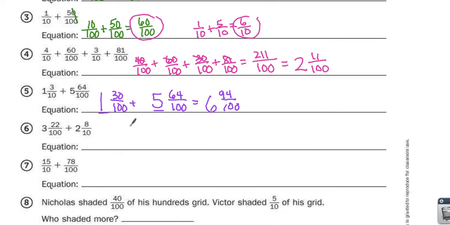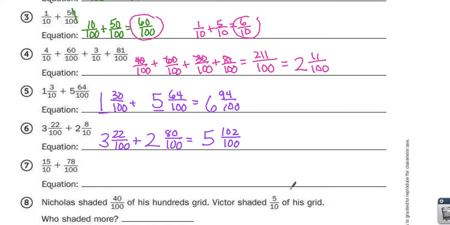And I'm going to do the same thing for number 6. So 3 and 22 hundredths will be added to the 2, and 8 tenths is equivalent to 80 hundredths. 3 plus 2 is 5. 22 plus 80 is 102 hundredths.